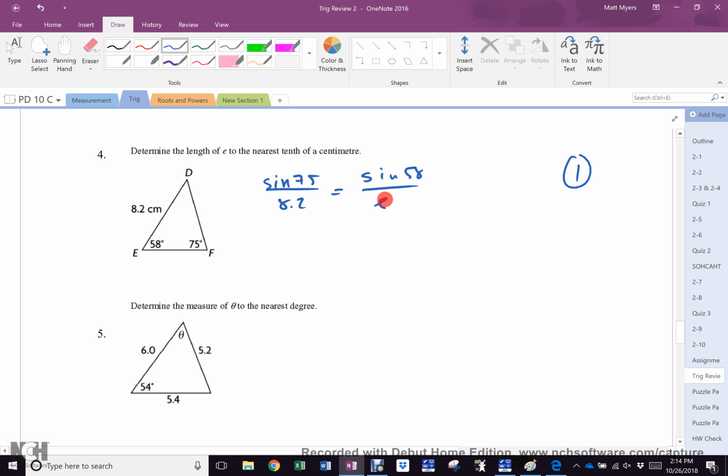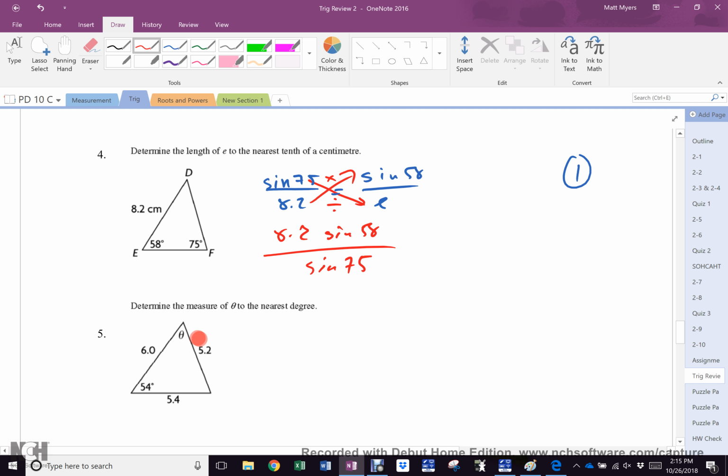Because if you don't get the right answer, it's a calculator issue. Of course, on your calculator, you remember that you multiply the pair and you divide the spare. So if you wrote it out, 8.2 sine 58 over sine 75, that's the best thing you can do for me if you have trouble with your calculator.